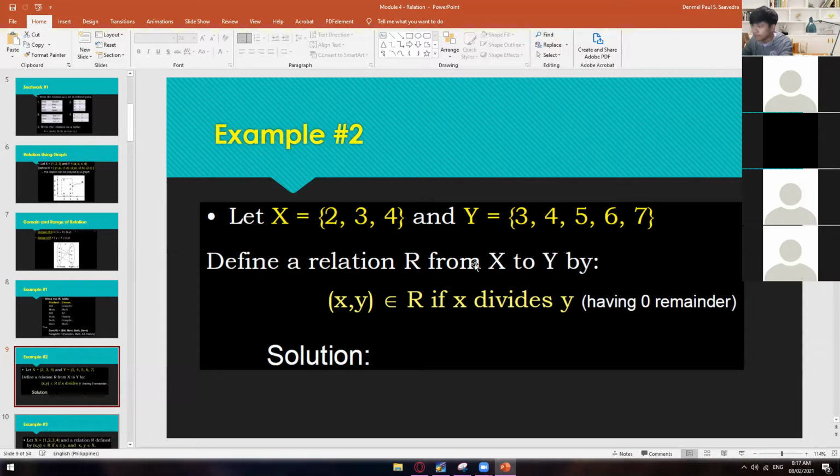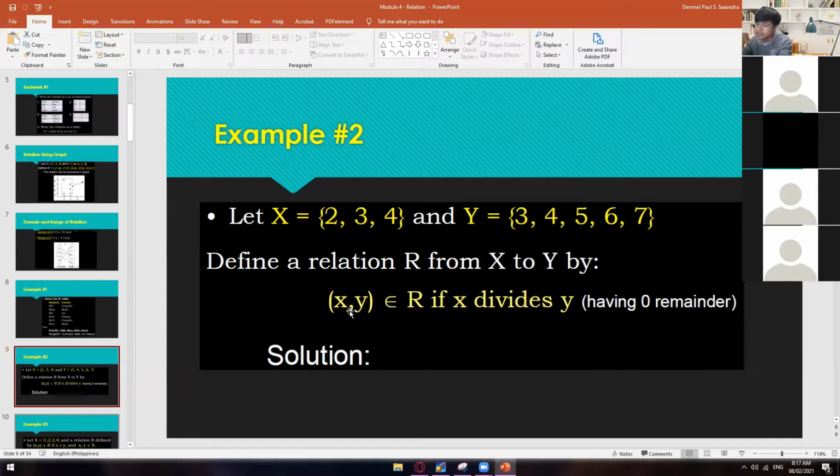Take note: from x to y, so x first before y. If it were from y to x, then you should start with y followed by x. That is your first condition to form a relation.